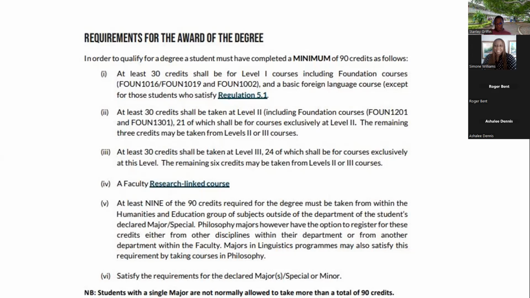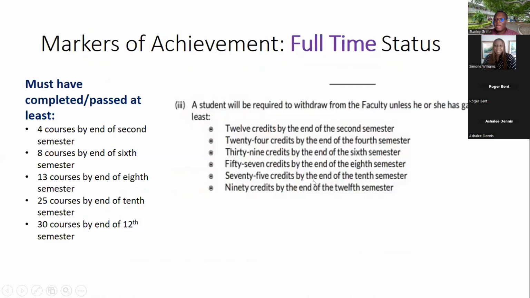All right, we're not selfish, we're not keeping you to ourselves. The privilege is yours to take courses in other faculties, but that must be managed and must be done within the scope of the regulations for your program. So there are the markers of achievement for a full-time status student.